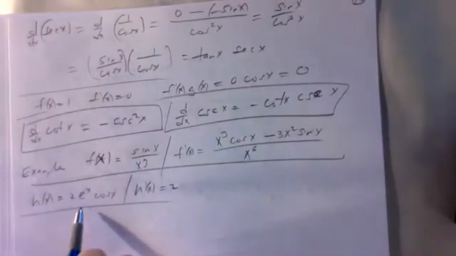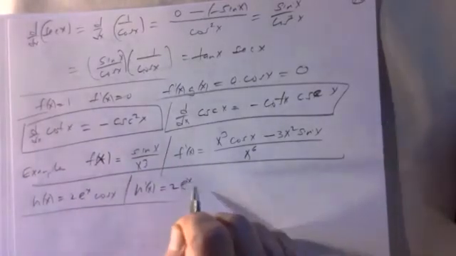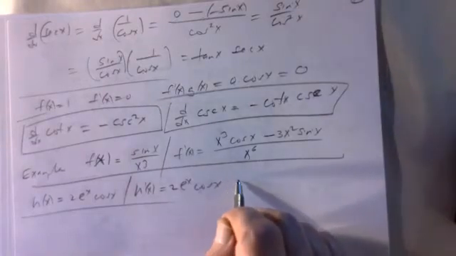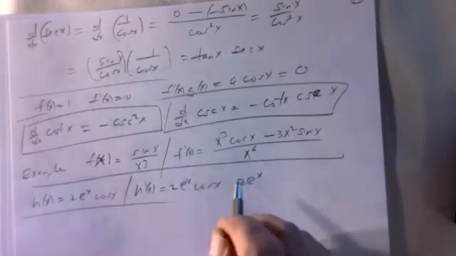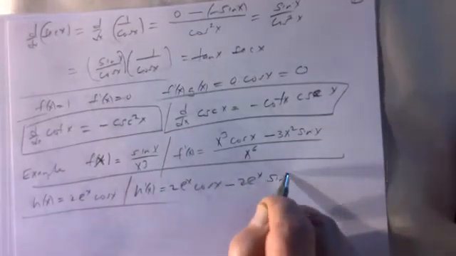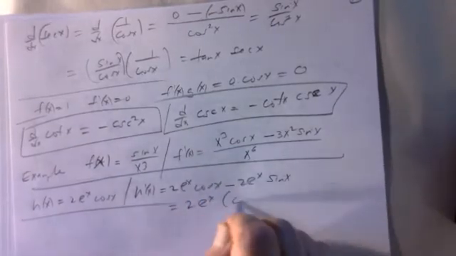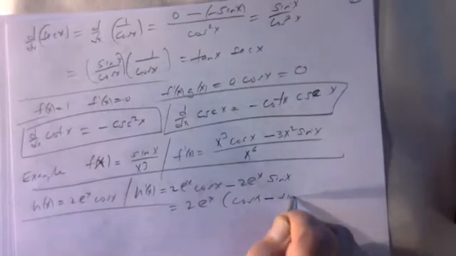It's 2 times the derivative of e to the x, which is e to the x times cosine x, plus 2e to the x times the derivative of the cosine, which is minus sine of x. Or if I factored out 2e to the x, it's that times cosine x minus sine x.